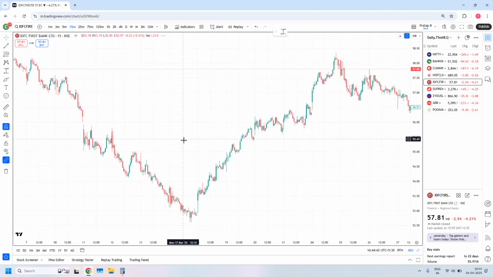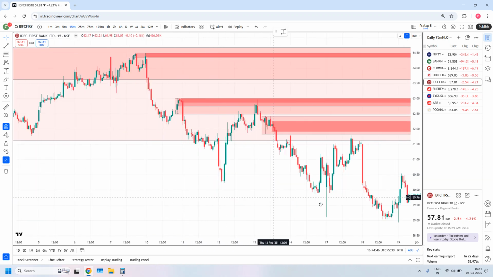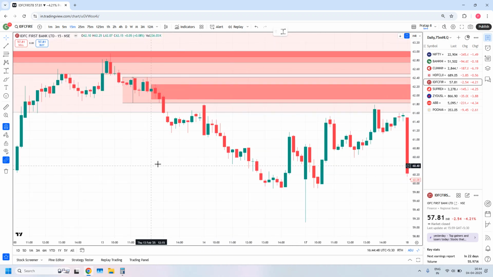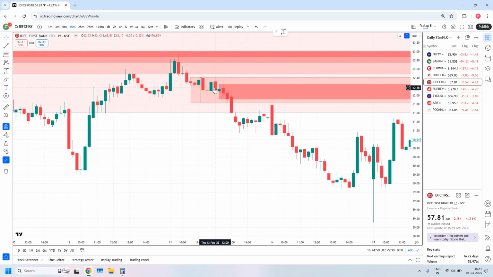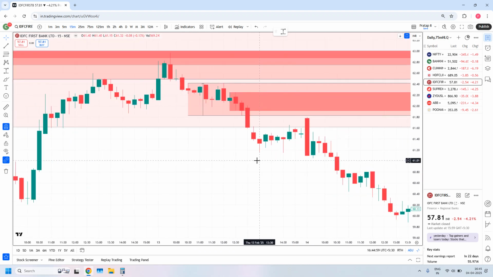Again, this 75-minute zone should be fine-tuned with a 15-minute zone. See the bottom one? We have a drop, three base candles, and a drop candle. What happened?